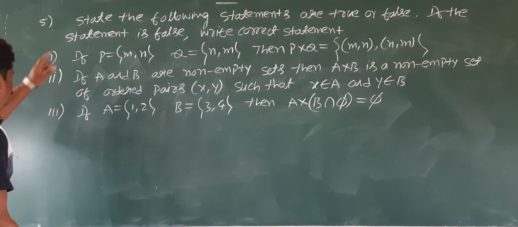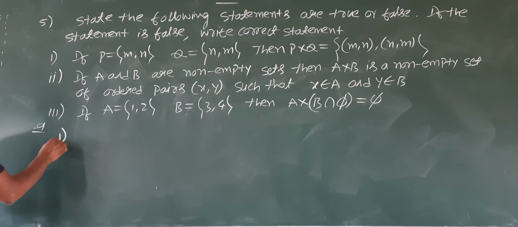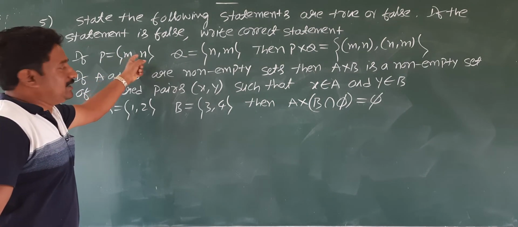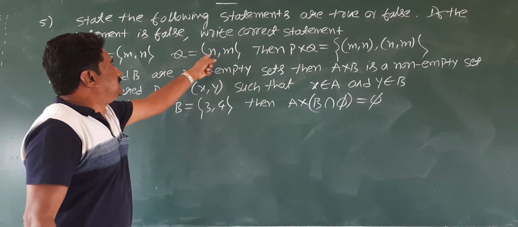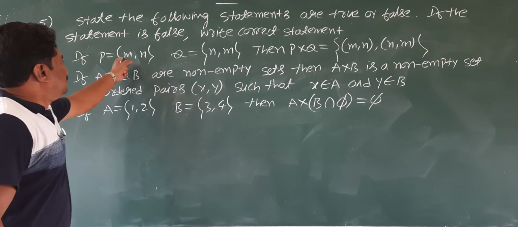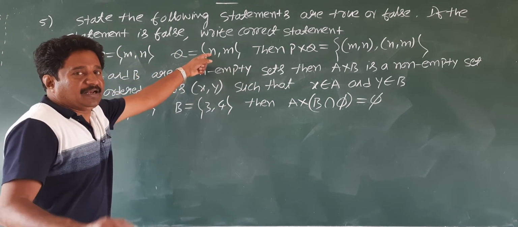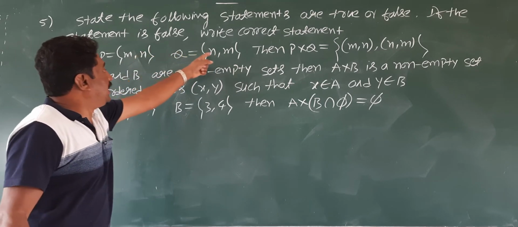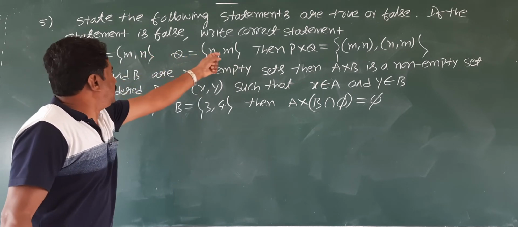First question, solution. Set P is given as {m, n}. Set Q contains {n}. P cross Q. Tell me P cross Q, students. Ordered pair (m, n), next ordered pair (m, n), next ordered pair (n, n), next ordered pair (n, n).